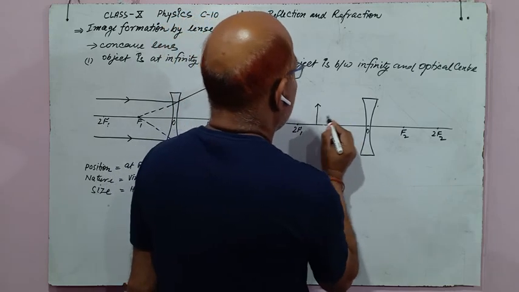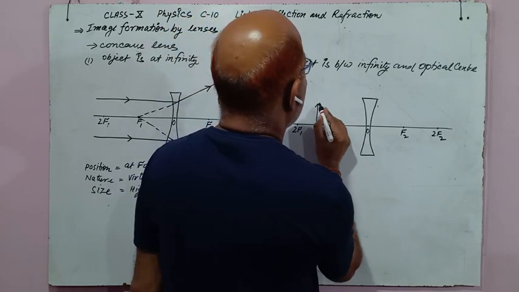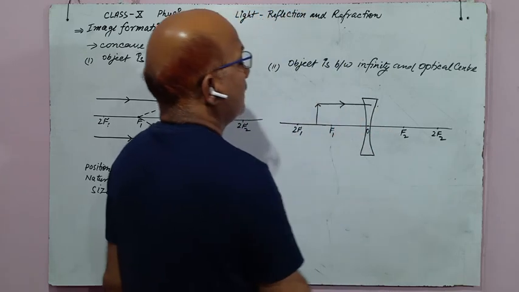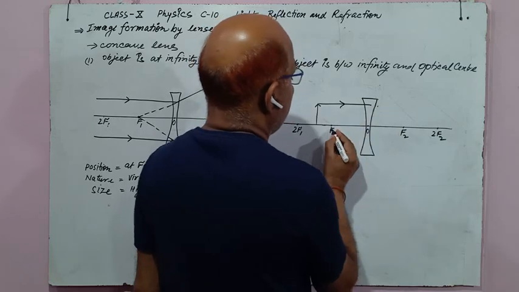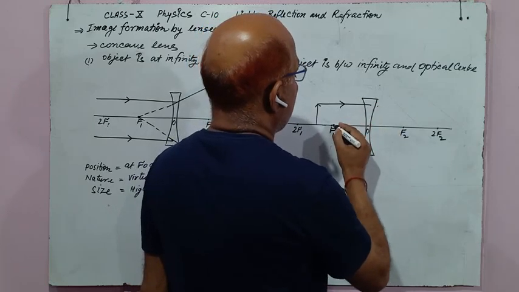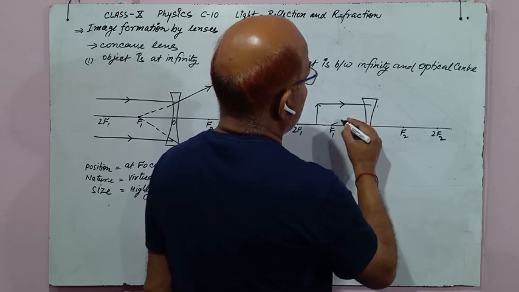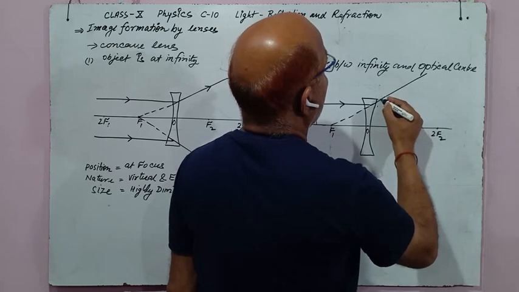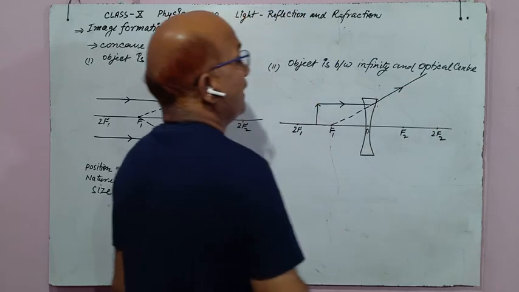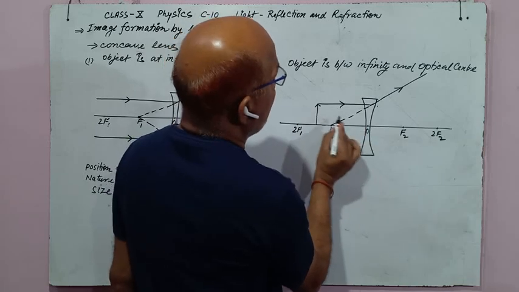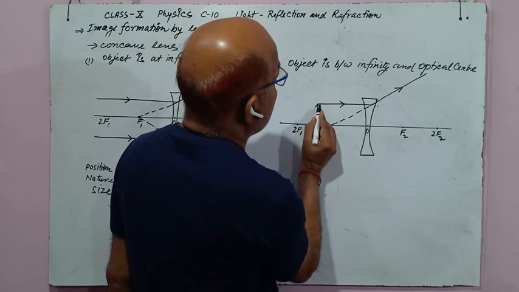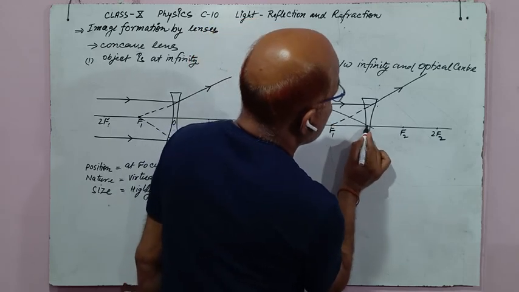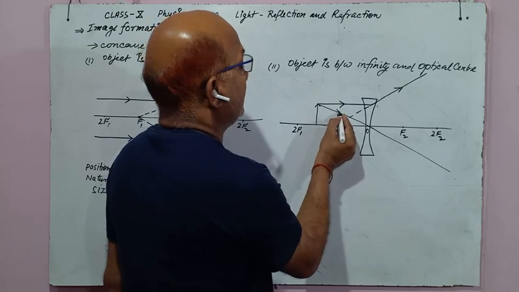So according to rule, we will draw one ray parallel to the principal axis, and after passing through the lens, it will appear to diverge from the focus. And we will draw one more ray passing through optical center. It is passing through optical center.